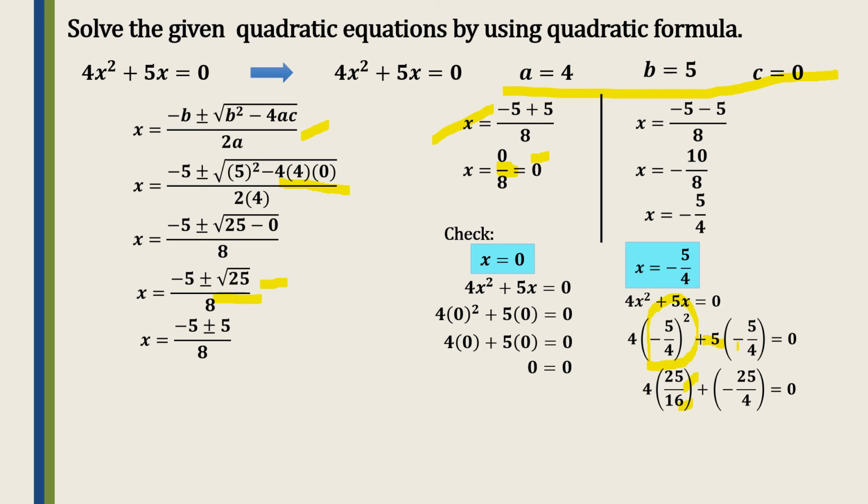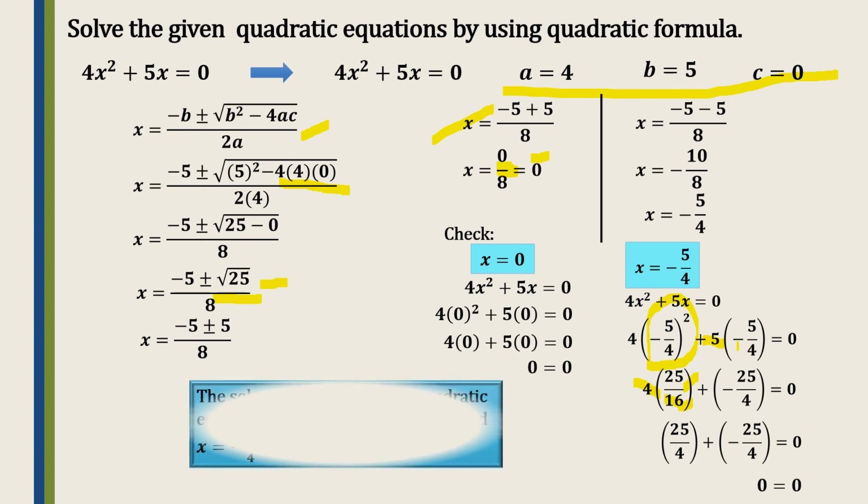Mag-cancellation na lang tayo, both divisible ng 4 ang 4 and 16. We will have now 25 over 4 plus negative 25 over 4. The answer is 0 equals 0.